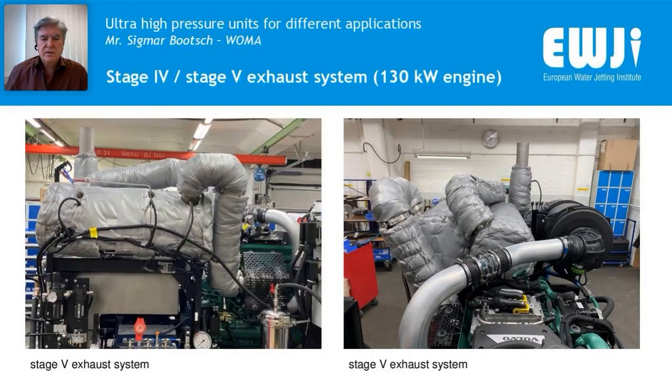So this system consists of more parts, meaning it's more voluminous and takes more space. Additionally, much more monitoring and more demanding control is necessary. So you see a lot of sensors installed at the exhaust system. See here the cable of the sensors.